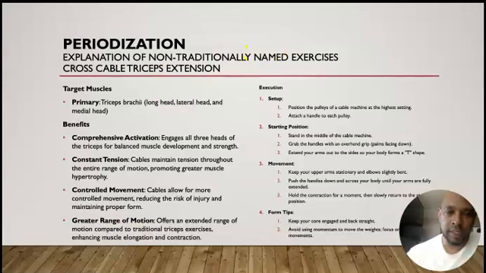In regards to the non-traditional named exercise that I've put in my work, the cross cable tricep extension. We target obviously the triceps, and it targets all 3 heads. So that's the long head, lateral head, and the medial head.